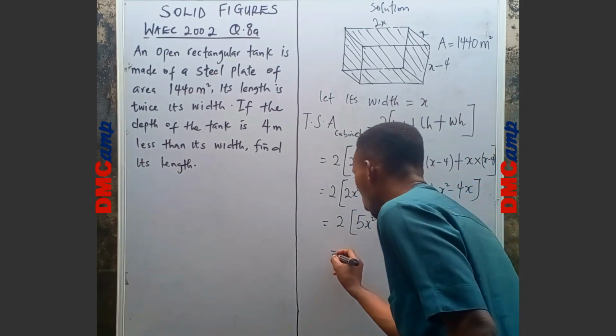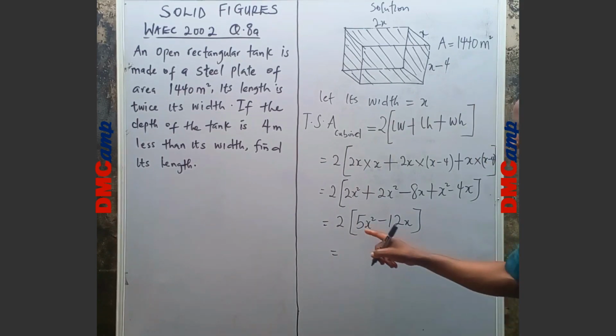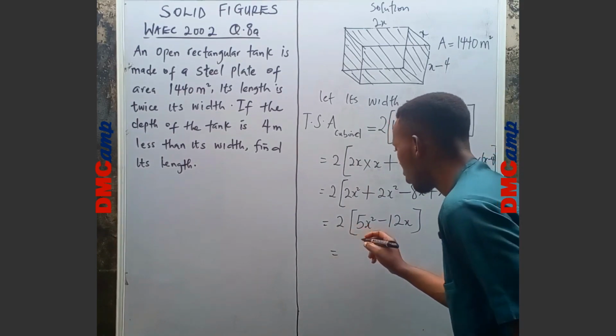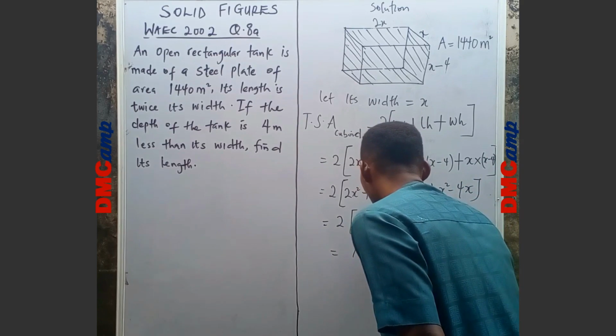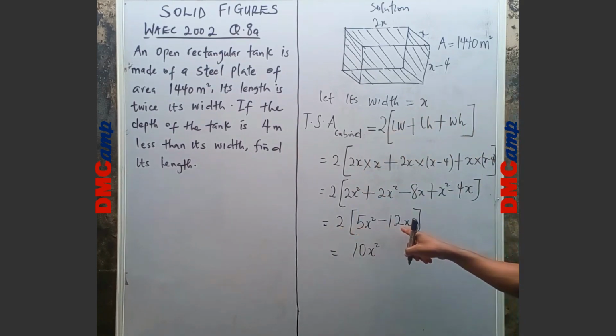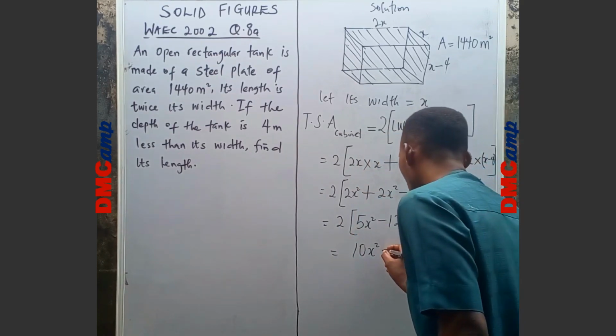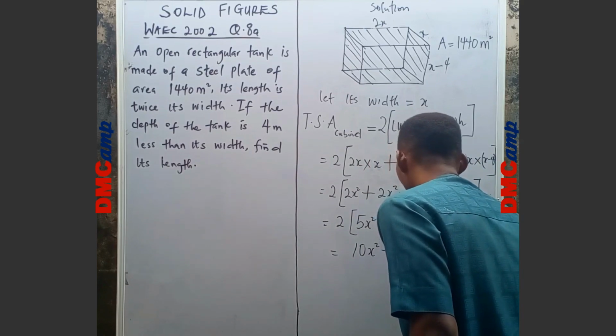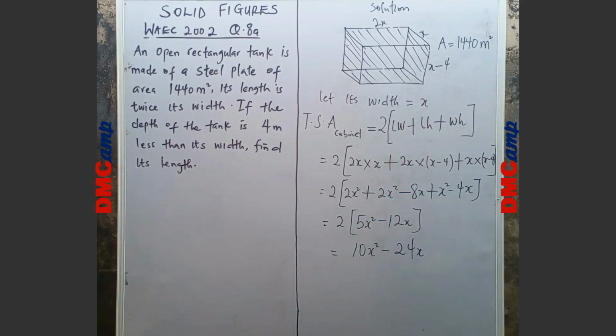Using 2 to open the square bracket, 2 times 5x squared is 10x squared, and 2 times minus 12x is minus 24x. So we have 10x squared minus 24x.